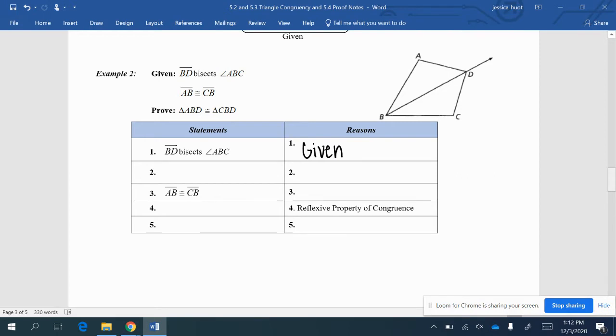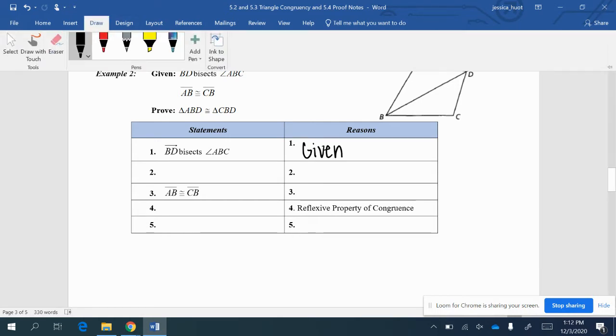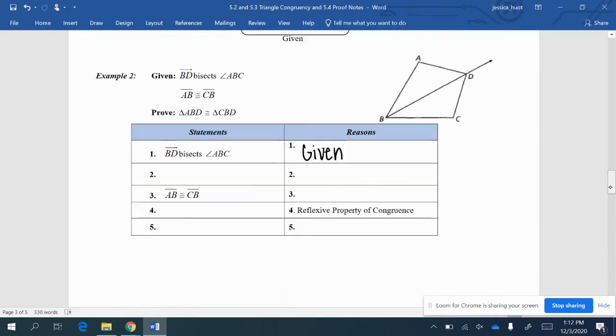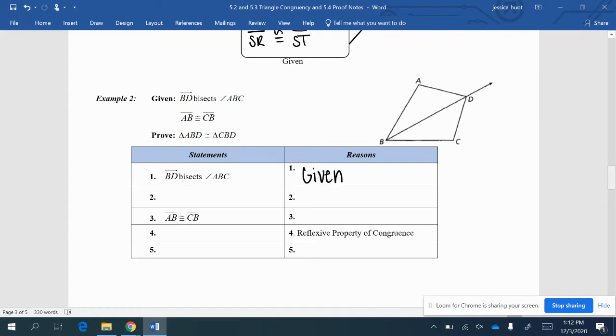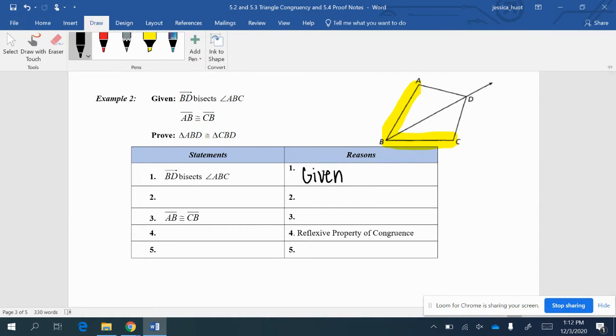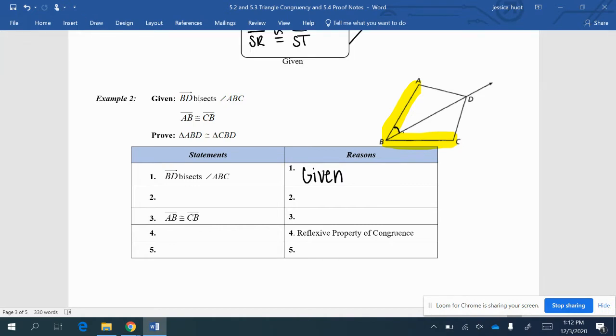Angle bisector. If something bisects an angle, it is cutting that angle exactly in half. So if it is cutting angle ABC, here's angle A, B, C, it is cutting that angle exactly in half, which means this angle is now congruent to this angle.